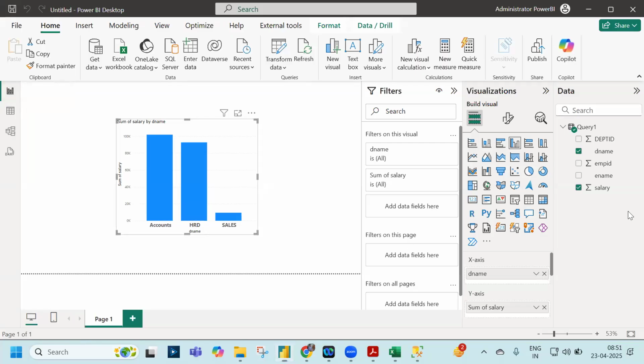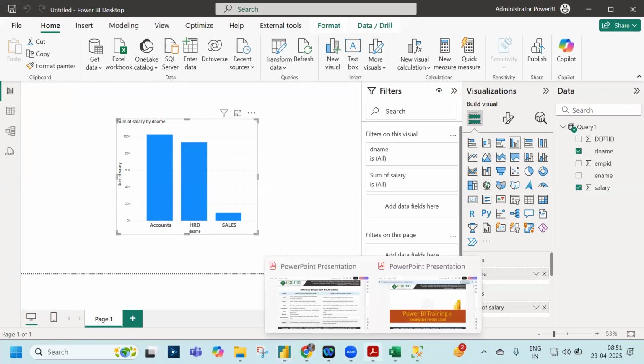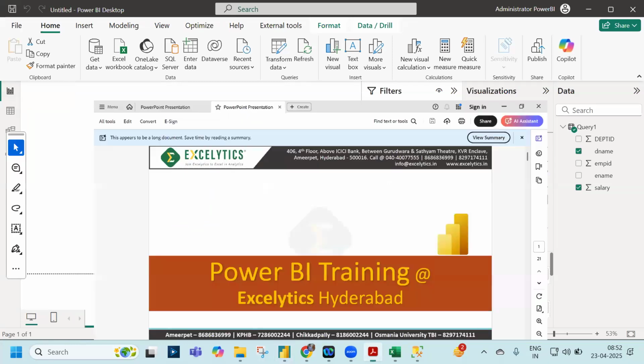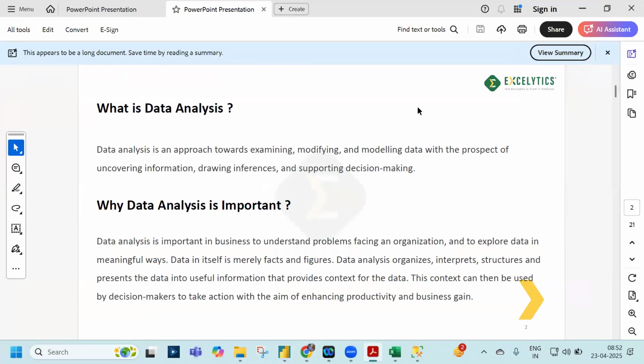Is everyone okay up to this point? So far, is it fine? Is everyone able to follow, especially the primary key, foreign key concepts? Someone who completed SQL, I understand you are quite comfortable with this concept, but someone who joined in the Power BI sessions, you are okay, right?